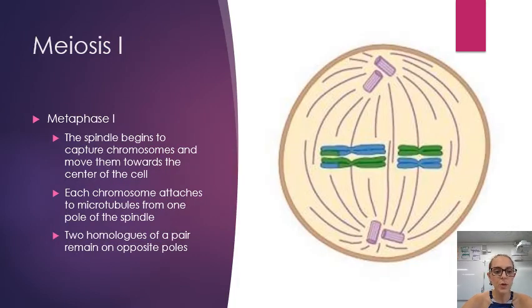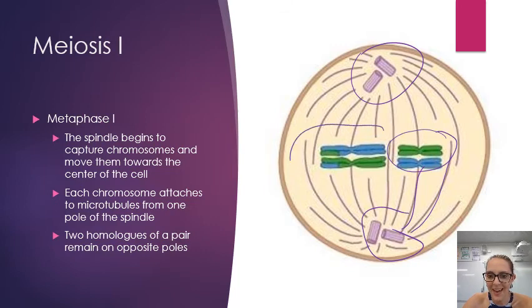All right, so moving on to metaphase of meiosis 1. So just like metaphase of mitosis, we have the spindle forming here. You've got the centrioles at either side of the cell, microtubules extended. But see how the difference here is that we have homologous chromosome pairs rather than one singular copy of the chromosomes.